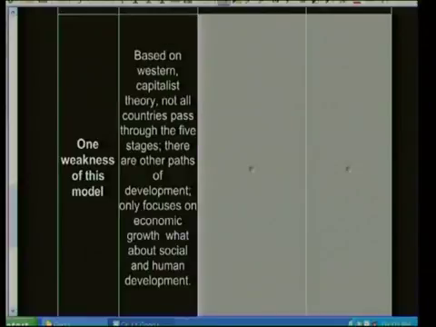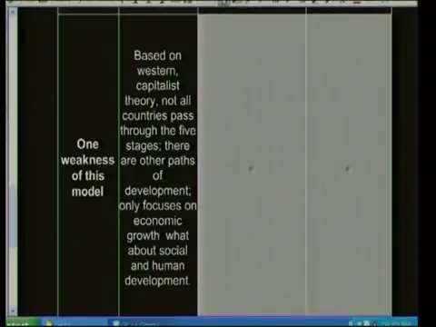In terms of the weaknesses, okay, the main weakness with Rostow's model is that it was purely based on economic development. So it says, based on Western capitalist theory, not all countries pass through the 5 stages, and there are other paths of development. So what they're saying is that not all countries need to follow stage 1, stage 2, stage 3.